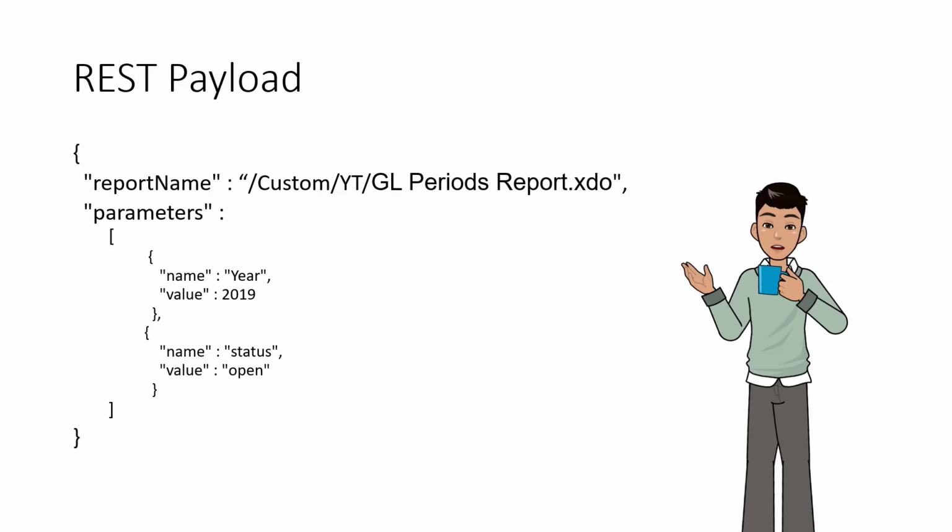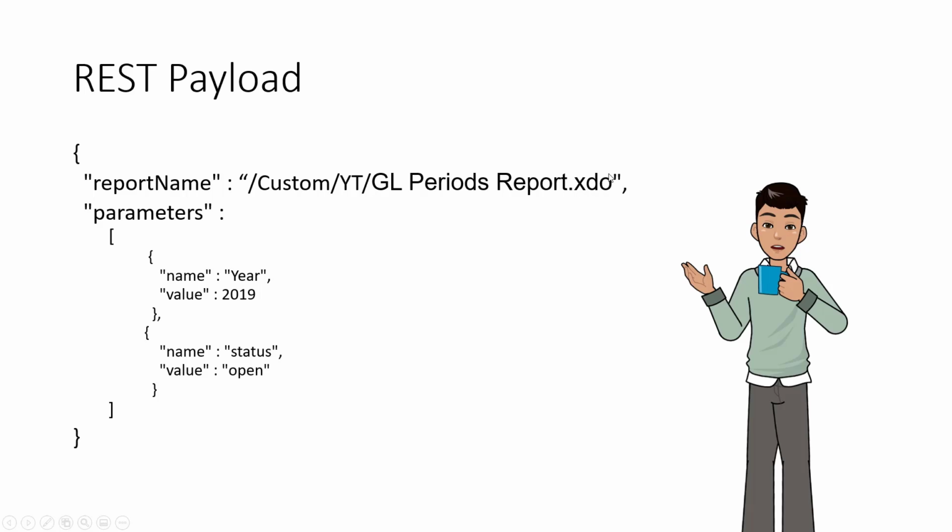All right, and this is how the payload is going to look like. So when the user invokes the integration, this is what they're going to pass. So you'll see that we have report name, which is the absolute path to the report in the catalog. This is the name of the report, GL periods report, and .xdo.